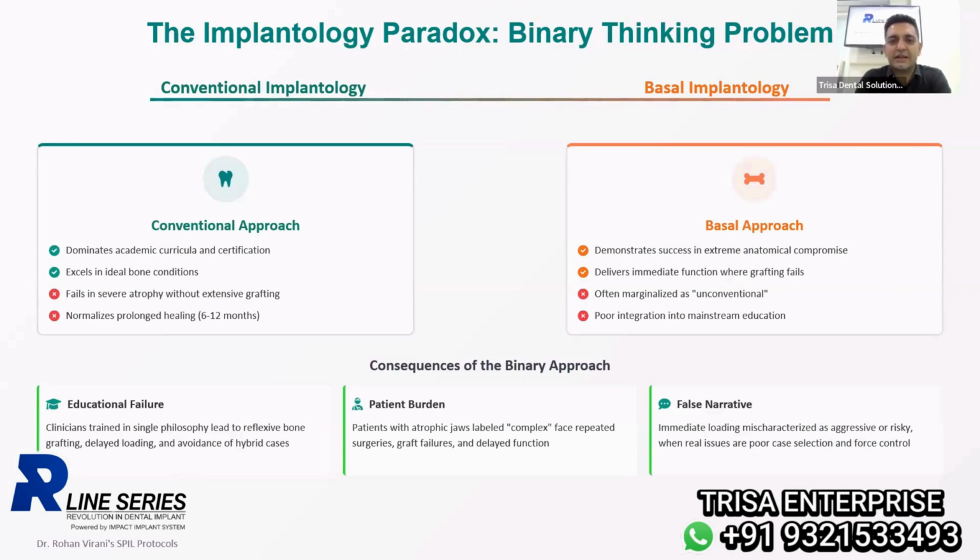It does not consider implantology as per the need of the patient, which means if the patient needs the teeth immediately, if the patient has medical situations which do not allow placement of augmentation procedures, the financial aspect wherein a lot of patients would not be able to afford multiple surgeries, multiple visits, it just gives zero respect or consideration to that. It's like a rigid philosophy. You have to do it that way.